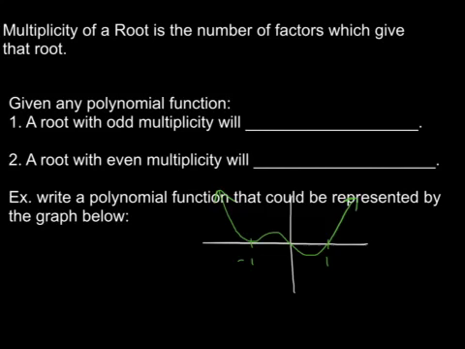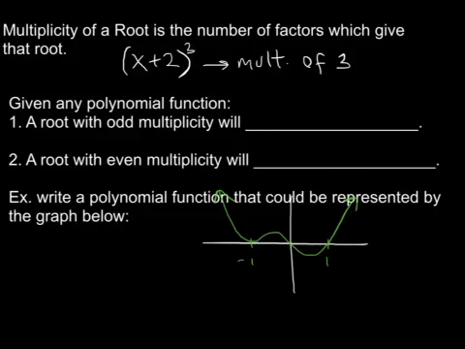So written down, right? The multiplicity of a root is the number of factors which give that root. So for example, if I had x plus 2 to the 3rd power, then it has a multiplicity of 3. It's repeated 3 times. And so given any polynomial function, a root with odd multiplicity, well, what will happen at that root?